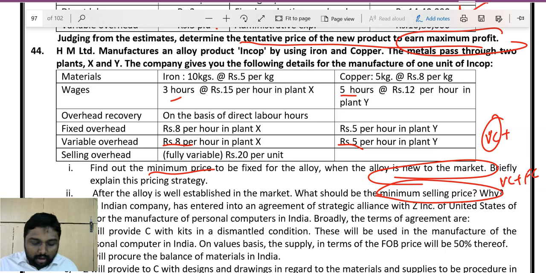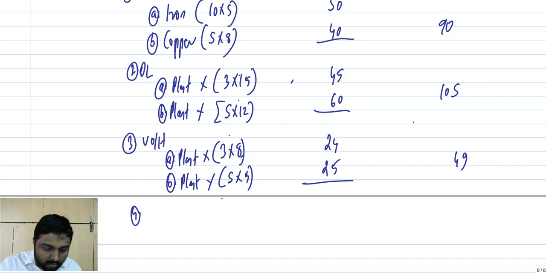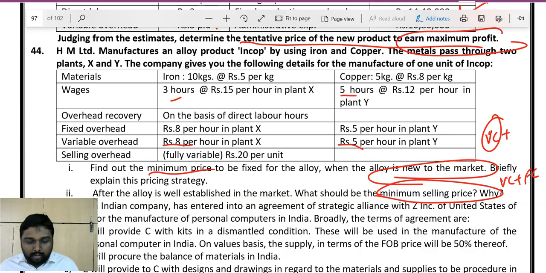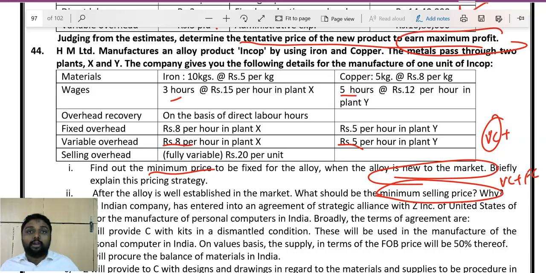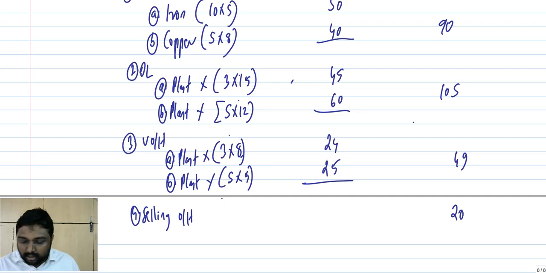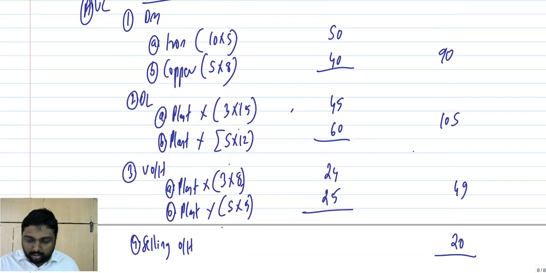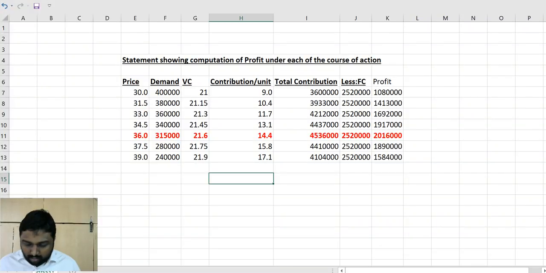Now selling overhead is also variable. What is the selling overhead? 20. Any other variable cost? No other variable cost. So you can take the total, because our first case will be on the basis of variable cost.